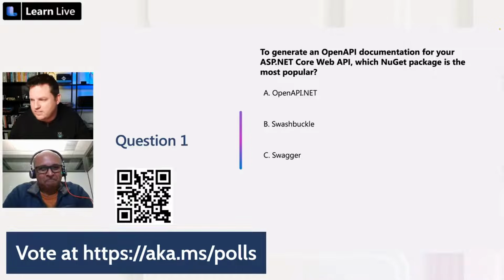So let's see what your answers are. If you want to give the answer, you can go to aka.ms/polls or scan the QR code, and then you will be able to vote on that. Let's wait a little while until there are some answers.